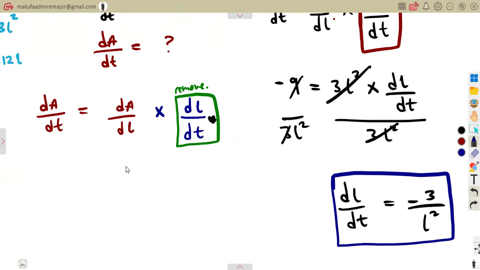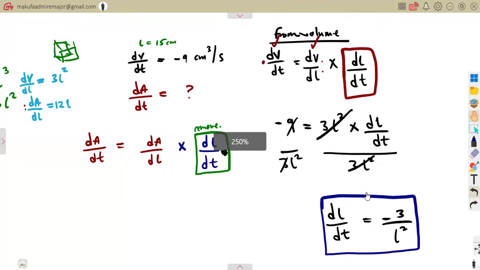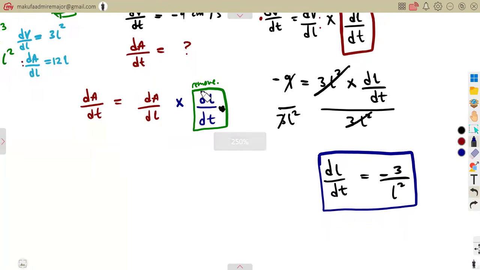No. It must be substituted by something equivalent. So we have got the equivalent now, so this formula is now valid. We are supposed to remove it, but we have the equivalent. So we are going to remove it by substitution, by substituting with that dL/dt.